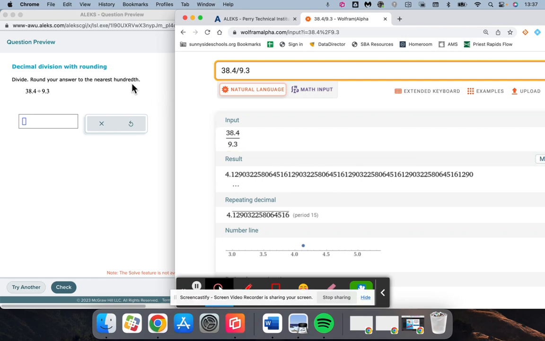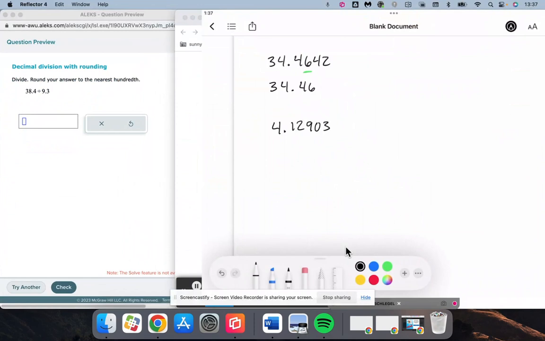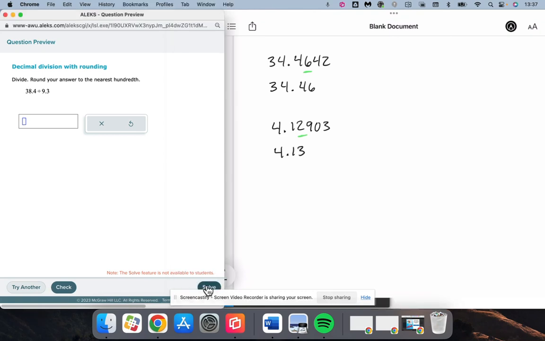We're asked again to round to the nearest hundredth. So the hundredths place here is this 2. We look at the number after it. 5 or more, up the score; 4 or less, let it rest. 9 is 5 or more, so we're going to round up. 4.13. And there we go.